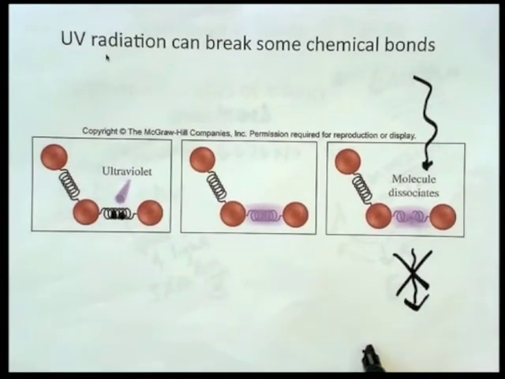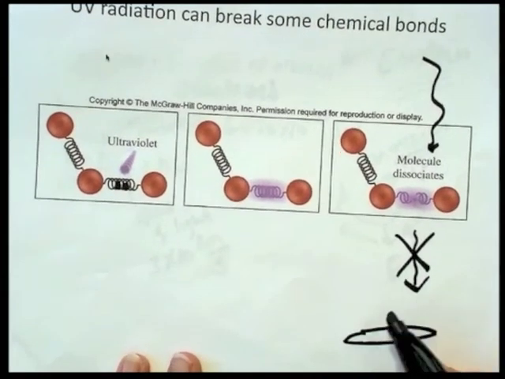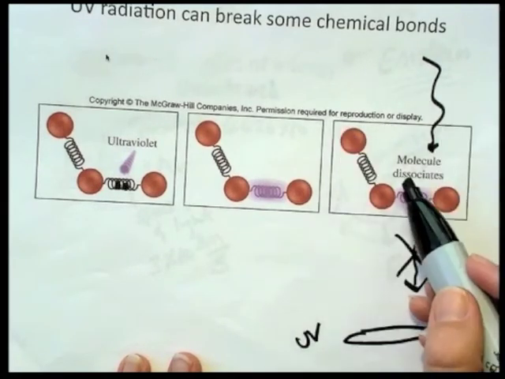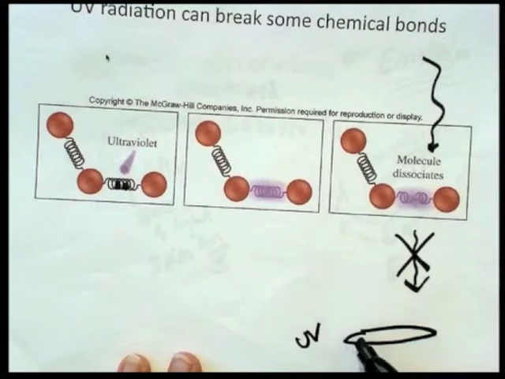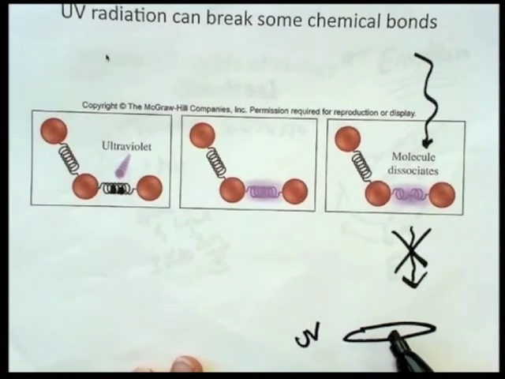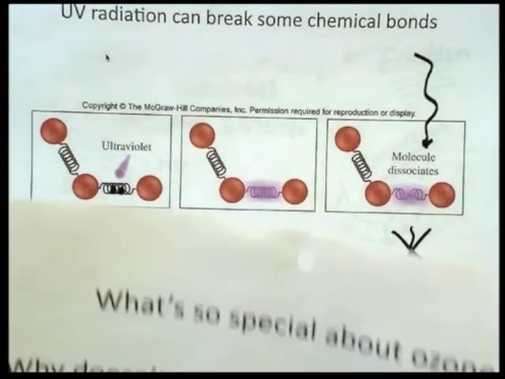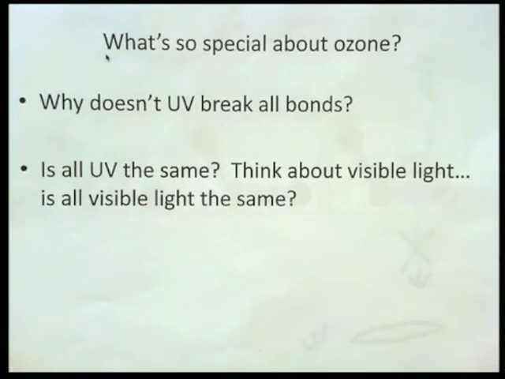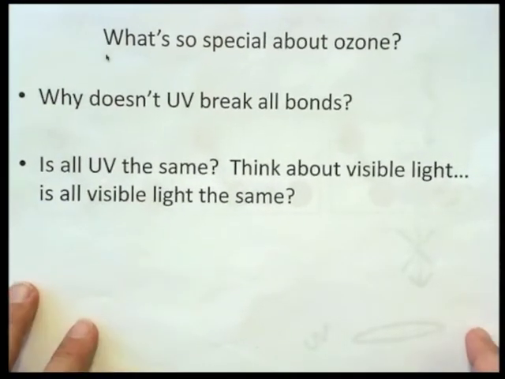If you have a UV detector down at the bottom, at the surface of the Earth, and you have more ozone molecules, they're going to absorb the UV, and less UV is going to make it to the surface of the Earth. So that's what's happening to the ultraviolet radiation in the presence of ozone. I just sort of answered my question: what's so special about ozone is that it's absorbing that ultraviolet radiation.